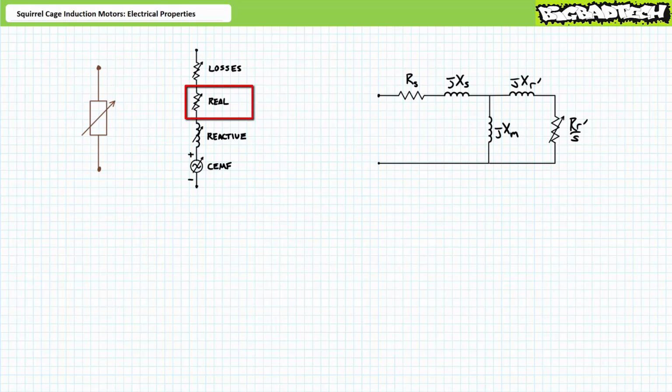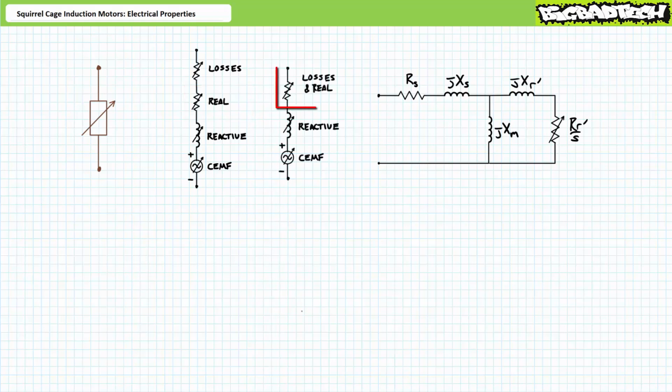The second component is a variable resistor, which is meant to represent the real power consumed by the winding that goes towards useful mechanical power output. For the purposes of this lecture, we're going to kind of lump together the losses and output components into a single variable resistive component. The third component is a variable inductor, which represents the reactive power consumed by the winding during operation. This is that portion of apparent power that goes towards establishing the rotating magnetic field in the stator.